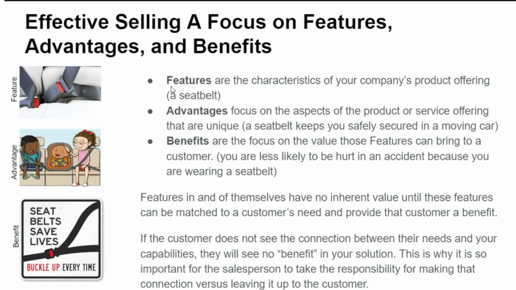So if you had a lot of slop in something, for example, it wouldn't work very well. Well, the feature is the close tolerance. The advantage of the close tolerance is the product will last longer or do the job better. And the benefit is it will cost you a lot less money.